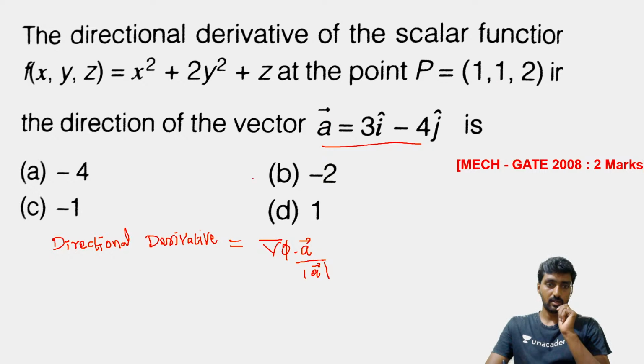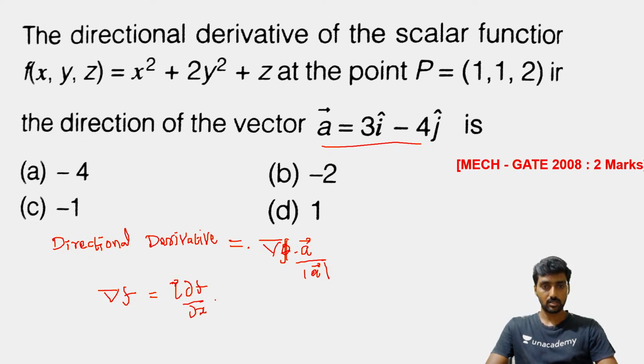Look at this: del f is equal to I vector into dou f divided by dou x plus j vector into dou f divided by dou y plus k vector into dou f divided by dou z.